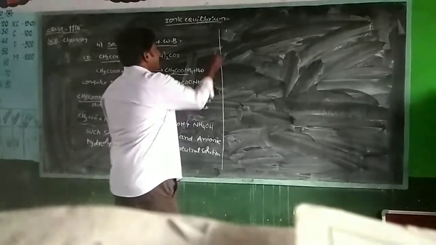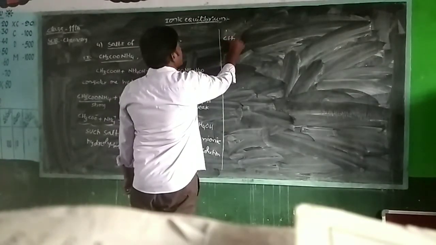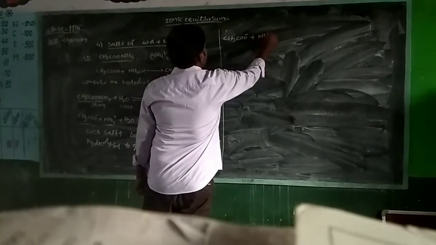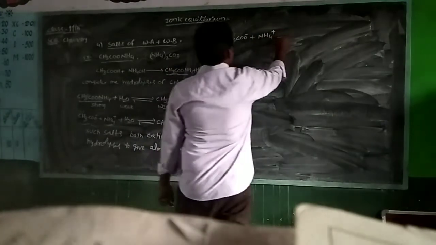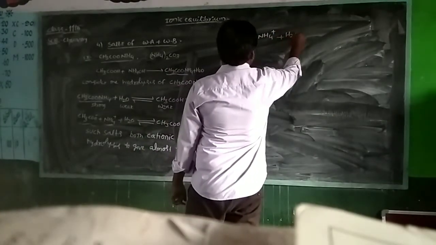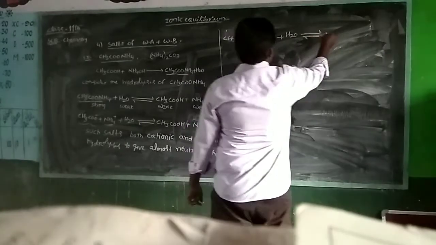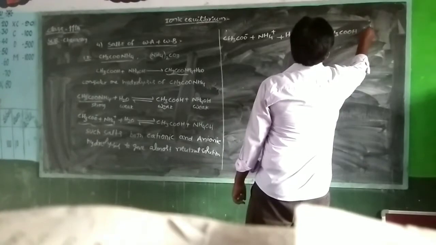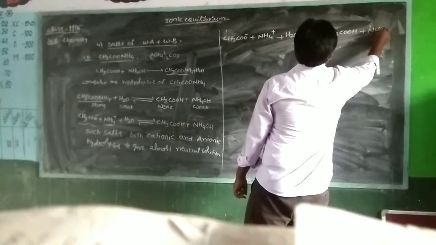Next, the CH3COO minus plus NH4 plus reacts with water to get CH3COOH plus NH4OH.